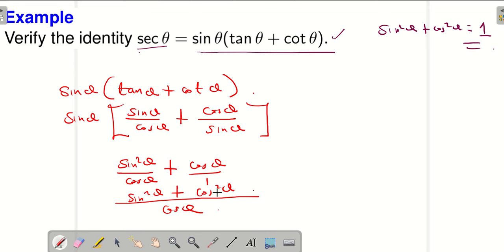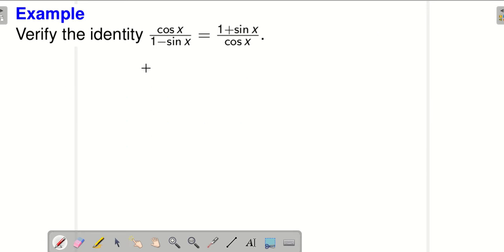So all this expression is equal to 1, all divided by cos theta. And we know that 1 over cos theta is sec theta. And hence the answer. So that is it for this identity.